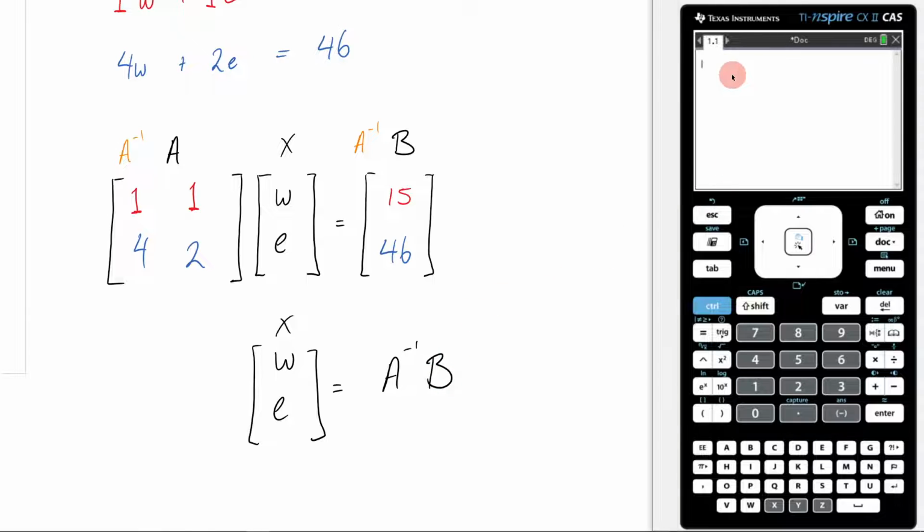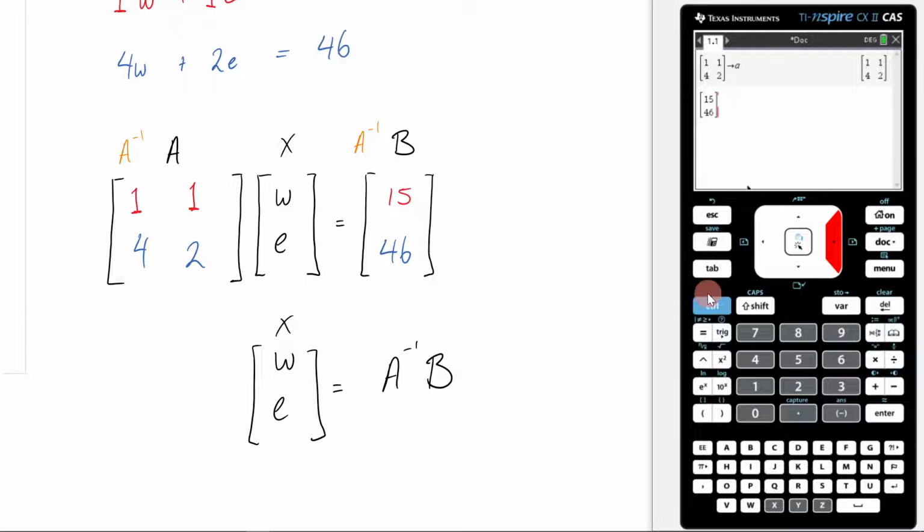So let's come over here and we'll begin by defining some matrices for ourselves. We'll come here. We'll go 1, 1, 4, 2. Control this, we'll define that as A. And then I need to define B. So I'll come over here. It's a 2 by 1. This will be 15 and 46. My goodness.